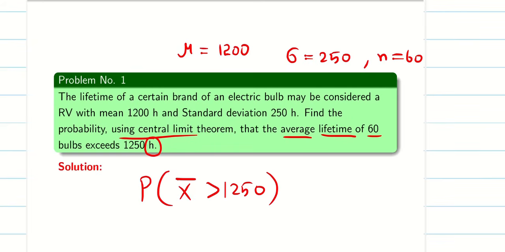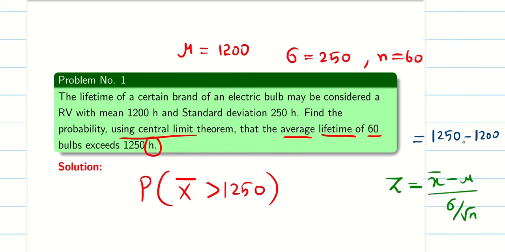So now it is very open. The problem is an x bar problem. So z is equal to x bar minus mu divided by sigma by root n, and every data is given to us. My x bar is going to be 1250, mu is 1200, divided by sigma is 250 divided by root n, n is 60.